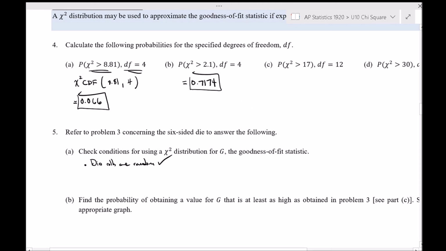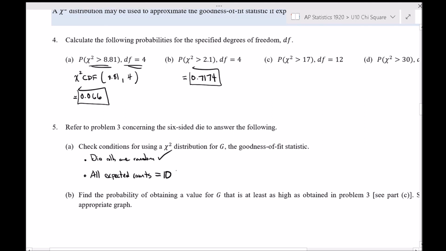Number 2, expected counts must be large. All expected counts are equal to 10. We've already calculated that earlier. That was part of the problem for number 3. So what do I do with this? Is this a large number or is this not a large number? So for the expected counts condition, they need to be at least 5.